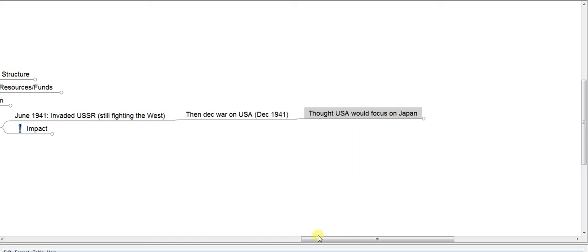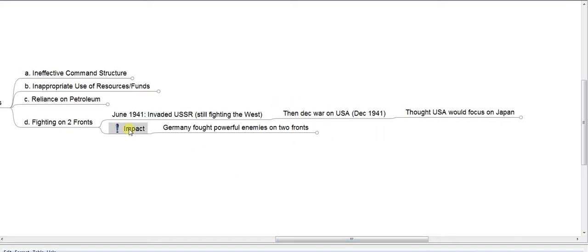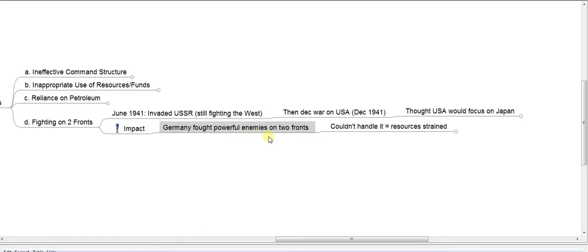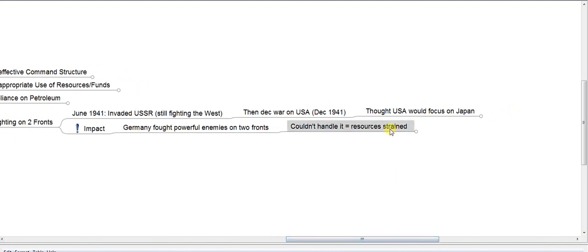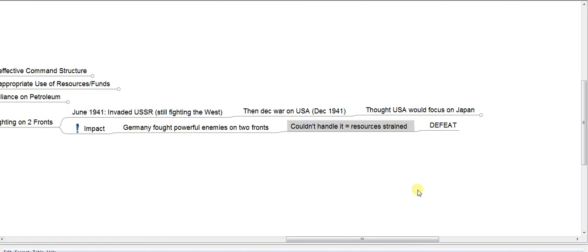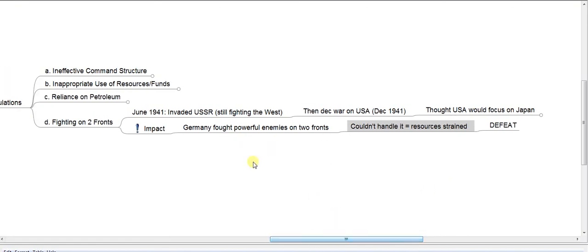Okay. And the impact of fighting on two fronts was basically that they had to fight two powerful enemies on two fronts, and they couldn't handle it because the resources were strained. Like I said, the Allied resources were basically a lot more than what Germany had. So the resources were strained, and then it led to its eventual defeat. Basically, it could not fight on two fronts.